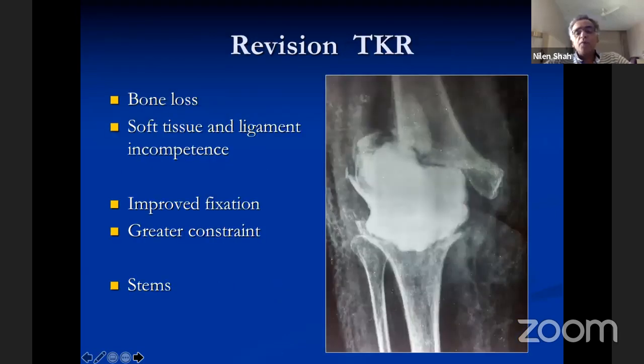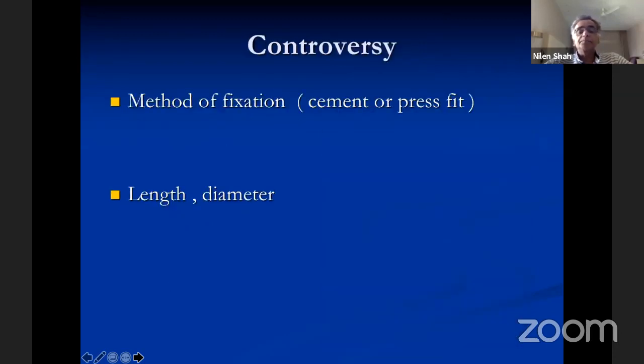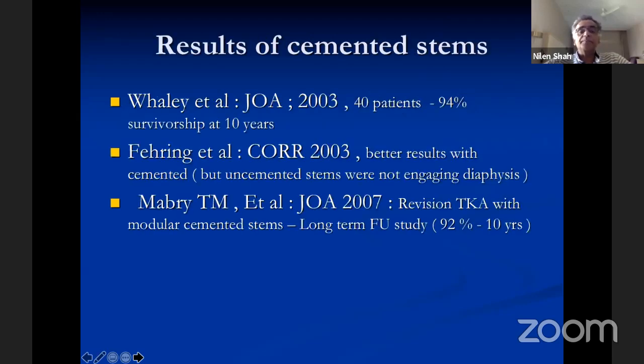Stems are much more often used in revision knee replacements, where there is obvious bone loss, soft tissue and ligament incompetence. You want to improve the fixation, you've used a greater constraint, so the role for stems is much higher. The controversy is the method of fixation: whether you should use cement or press fit stems, and the length and the diameter of the stem.